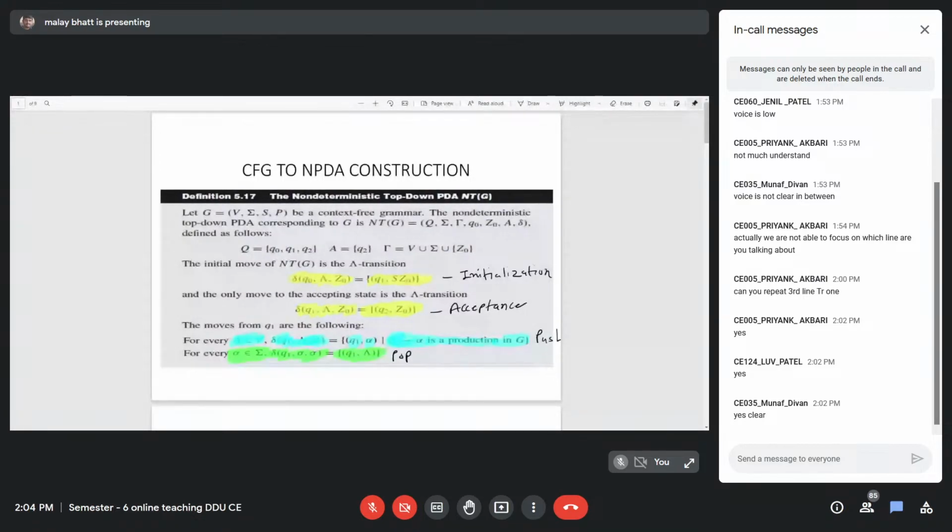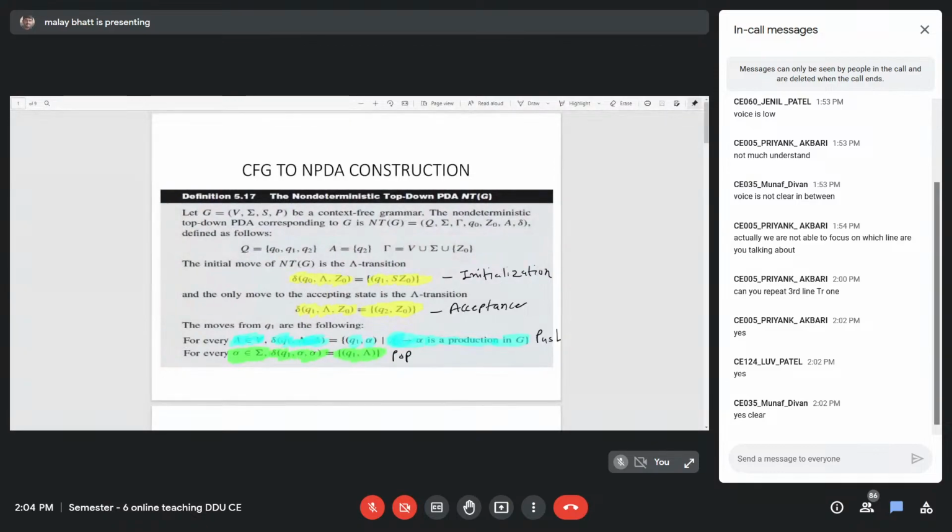We have defined the rules Q0, Q1, push, pop, ignore operations. But there is another way to generate a non-deterministic push-down automata based on an algorithm. The rules generated here are different from the previous one.